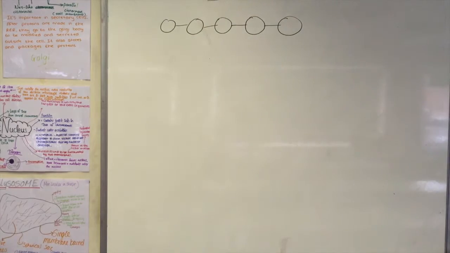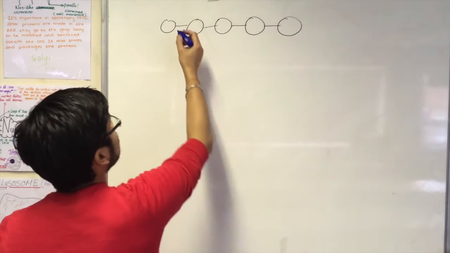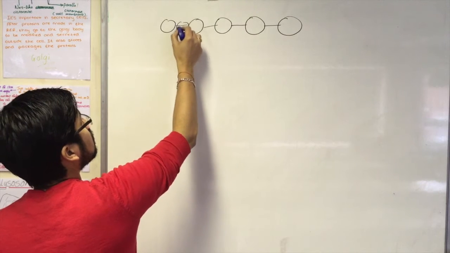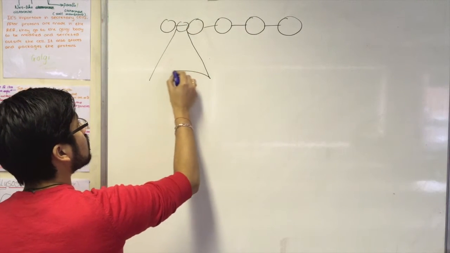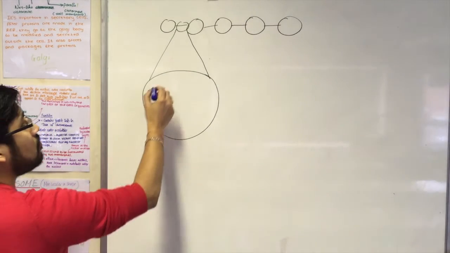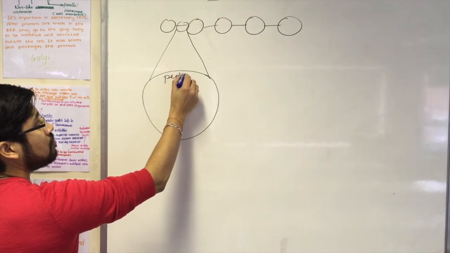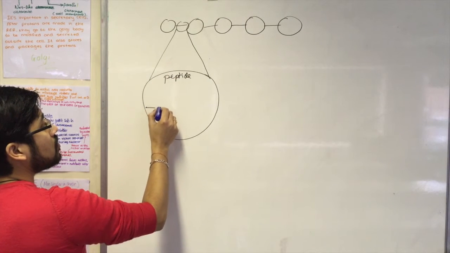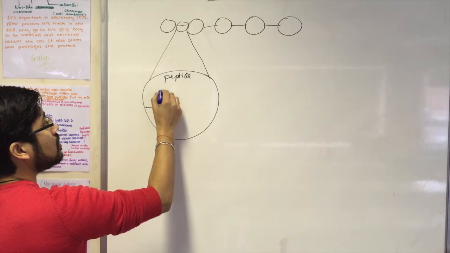You've got your amino acids, but in the middle of each one, what's joining them is, if we do a quick review and zoom into that bond, remember it was the peptide bond between each amino acid, and remember the group was CONH.